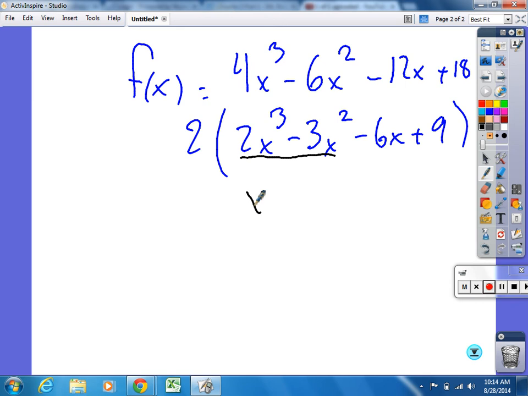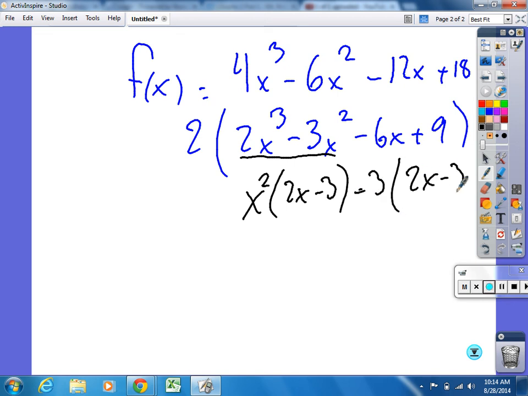X squared. What's left over? Awesome. What do these guys have in common? But because it starts out negative, I'm going to pull out a negative here. Does this look like something from yesterday?